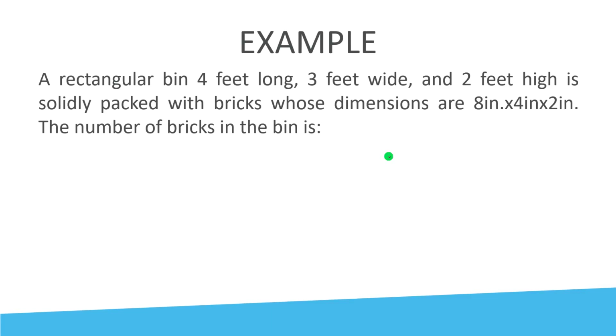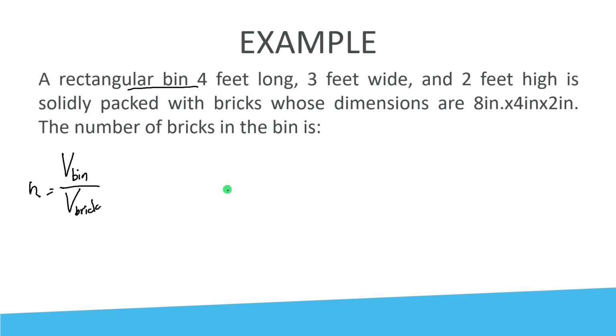To compute the number of bricks in the bin, first compute the total volume of the bin, then we divide that by the volume of a single brick. That way we will be able to determine the total number of bricks.